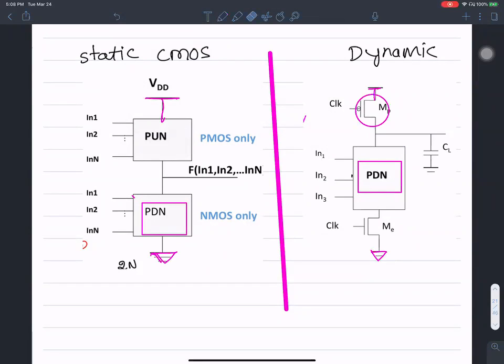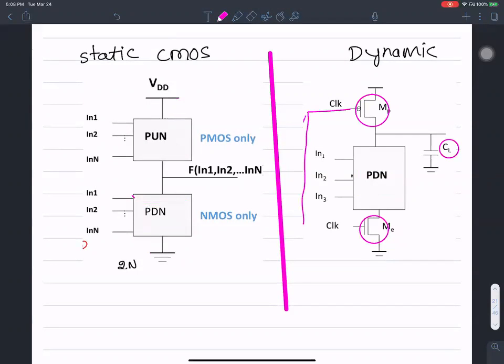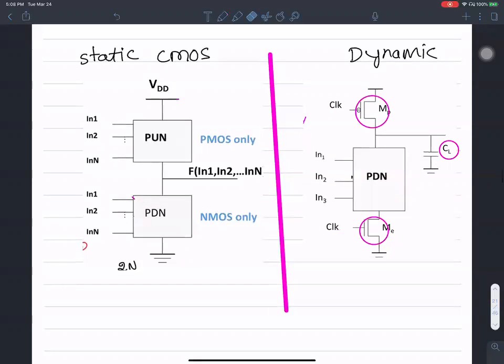In addition, there is also one NMOS transistor down below. And there is a load capacitance, CL. And if you notice, this PMOS and NMOS are driven by the same clock input.